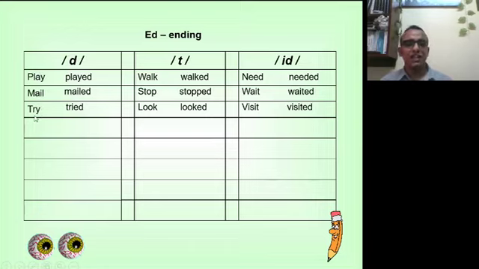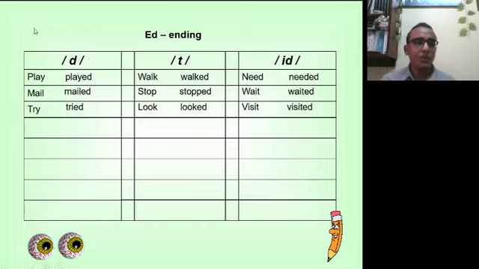I'm not going to tell you why I pronounce play like played with D, walk like walked with T, and needed with id. I'm just going to tell you to memorize this, because we have a rule, but I'm not going to tell you the rule now.